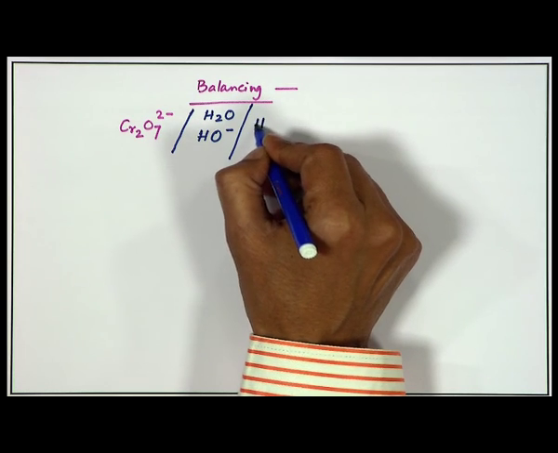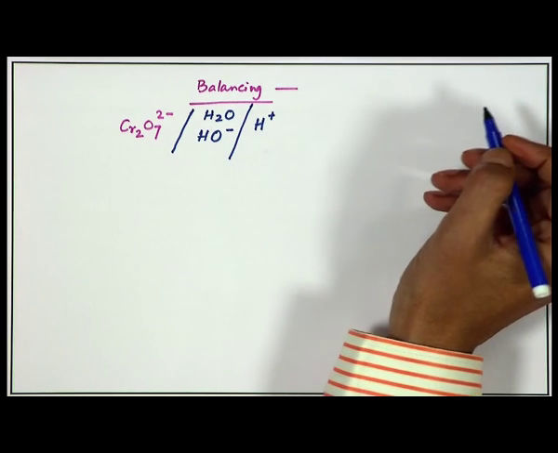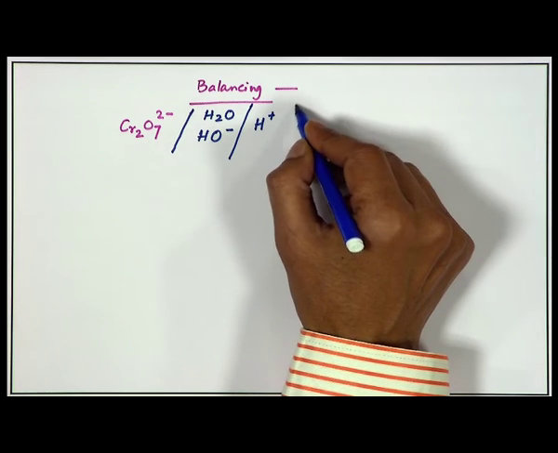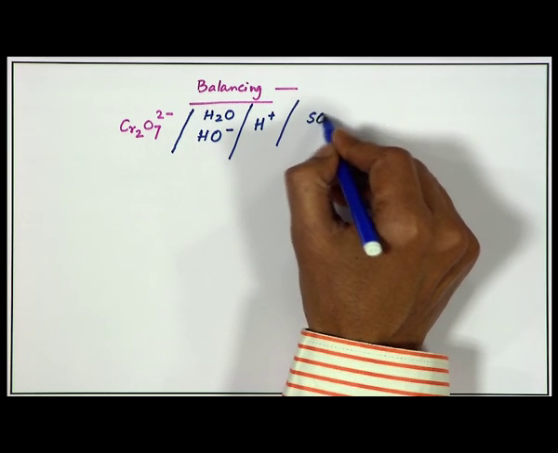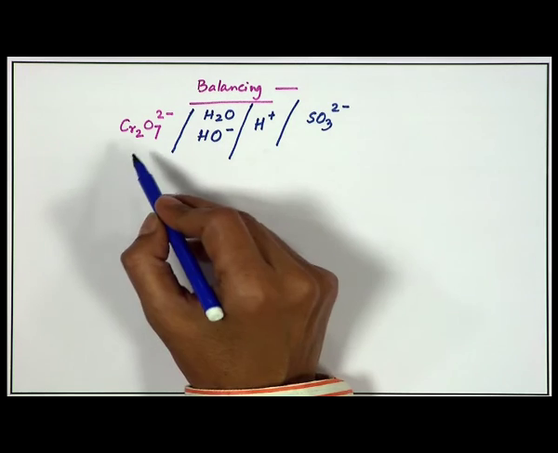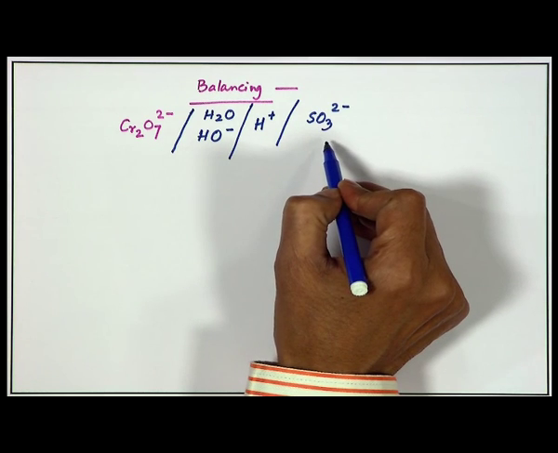So it will be faintly acidic, which reacts with SO3 2 minus, the sulfite ion. So this is your oxidant, this is your reductant.